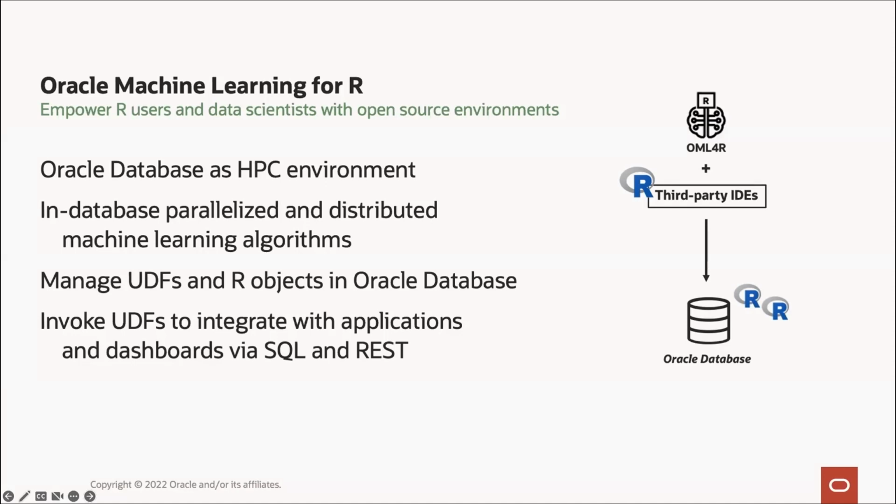OML4R supports parallelized and distributed processing of machine learning algorithms and can leverage the data store or the script repository to save user-defined functions as well as R objects or models in the database.